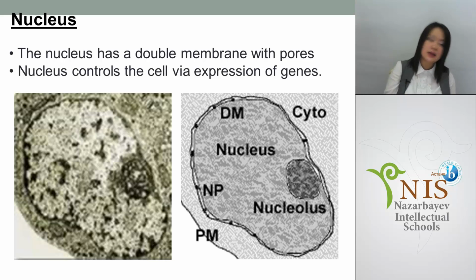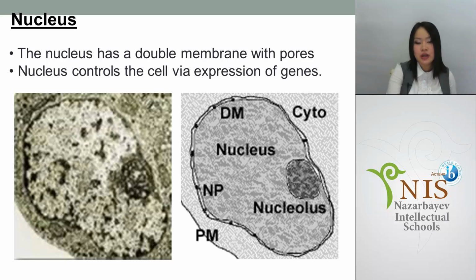This organelle, this part of the cell, I could compare it with a boss inside of the cell because it has genes, and those genes give information to synthesize proteins, the exact type of proteins. That is why it is very important.